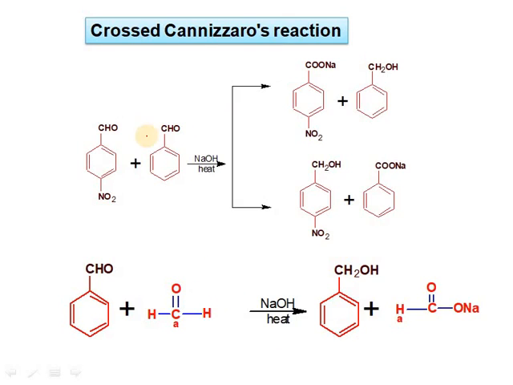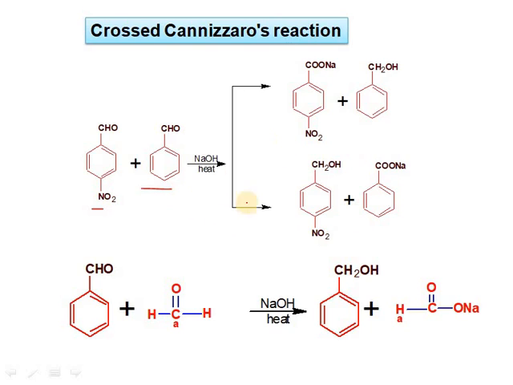The next part is the cross Cannizzaro reaction. Cross Cannizzaro reaction means that when a mixture of two different aromatic aldehydes, this one and the other, having no alpha hydrogen atoms, is treated with strong alkali, a mixture of acids and alcohols is obtained.